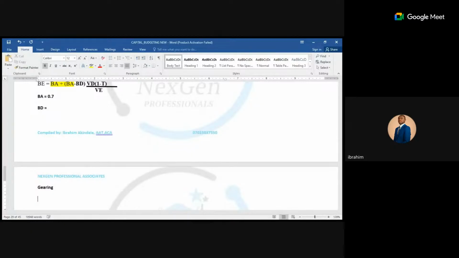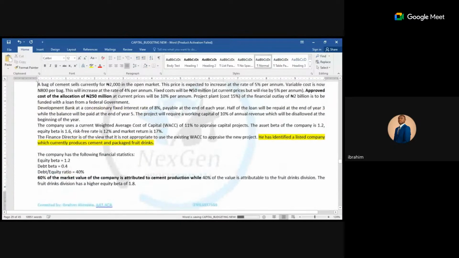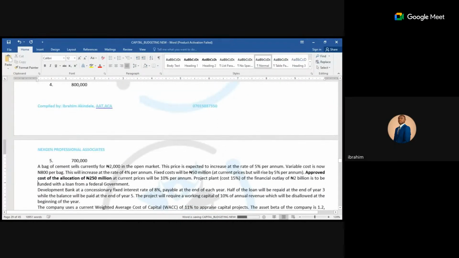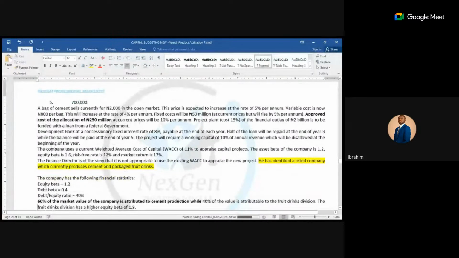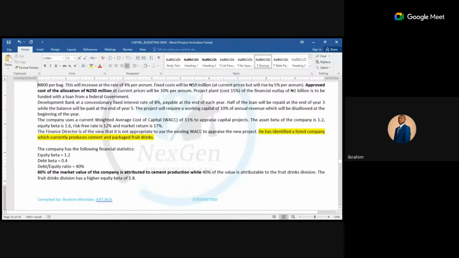And the tax will remain the same, 0.25. So what is the level of gearing? Now let's quickly go back and check for the main company. You can see that in this part of the question, it was stated that they have the equity beta to be this, they have the asset beta to be this, the risk-free rate, and the market return.